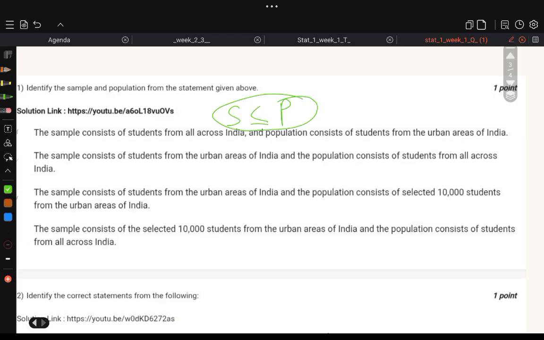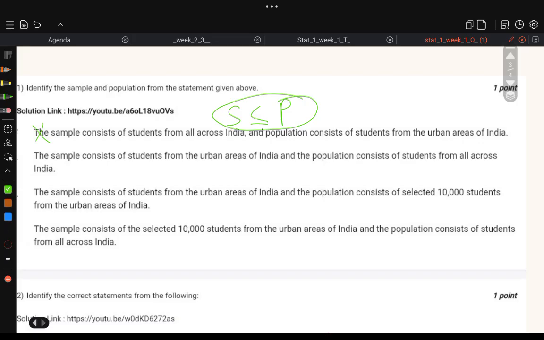In our example, we took a sample of around 30k males from 64 crore males in India. So what is the purpose of a sample if it is greater than the population, right? Here the sample is all across India, but the population is only urban, so the population is less, so it is a wrong statement.